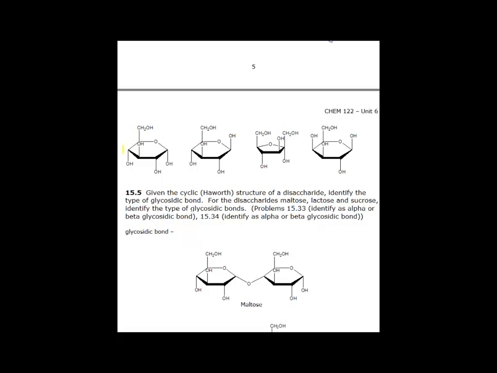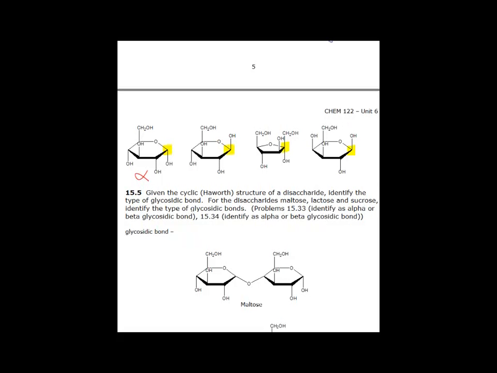If you go through all these carbons, here, here, here, here, you'll end up coming to this carbon. This is the anomeric carbon. The OH is pointing down. That makes it alpha, so it's not beta. The other anomeric, this one, this is anomeric, and this is anomeric.